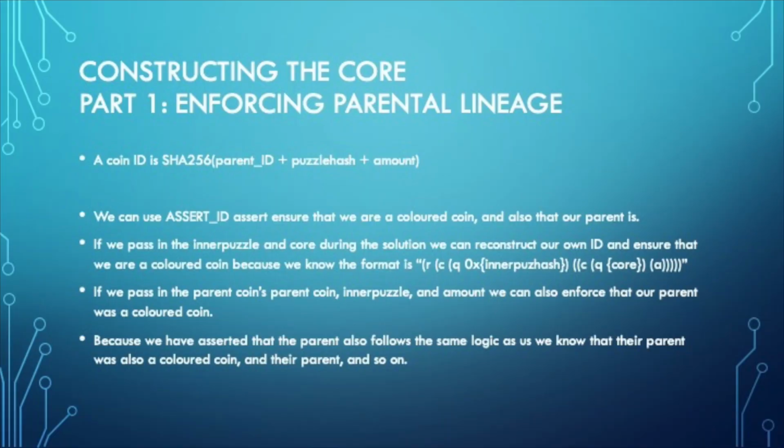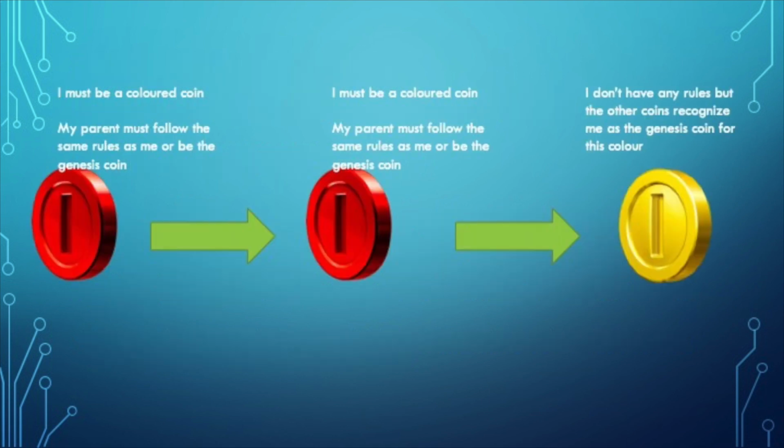We pass in our parent's inner puzzle hash and a copy of the core, and we just check that it follows the format RCQ inner puzzle hash CQ core A. If it does, then it's a valid coloured coin of the same colour as us. Otherwise, if we pass in just the Genesis ID, we can simply assert that our parent uses that Genesis ID and that Genesis ID is the one that is pre-committed to in this colour.